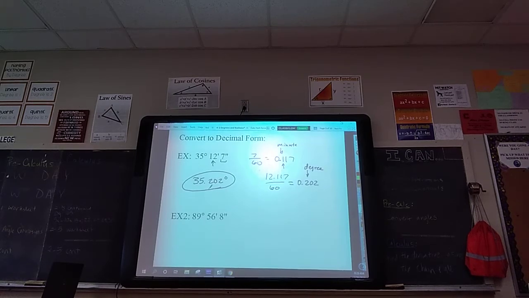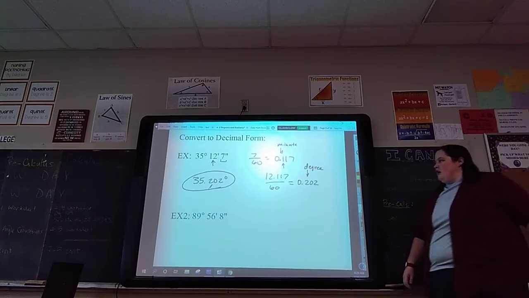So if they want to map out the distance from one ship to a lighthouse, or a ship from another ship, they can convert it back into a total degree and then use SOHCAHTOA to help us find the distance. That's the one reason why we have to go from minutes and seconds back into degrees, so we can use all the other stuff that we've done.